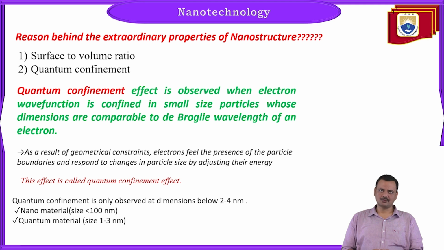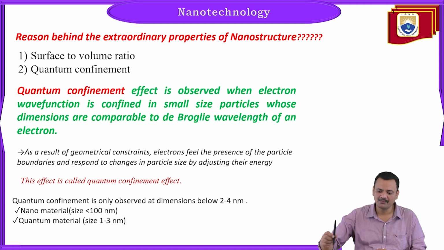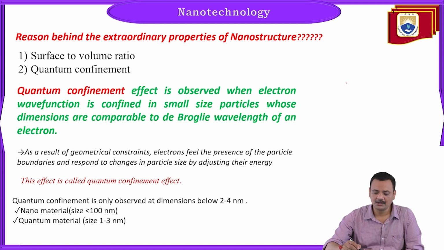Basically there are two primary reasons. The first one is surface to volume ratio. Surface area to volume ratio means, let's suppose this is your nano object, and if this nano object has a surface area S and total volume V, then this S by V is considered the surface to volume ratio.